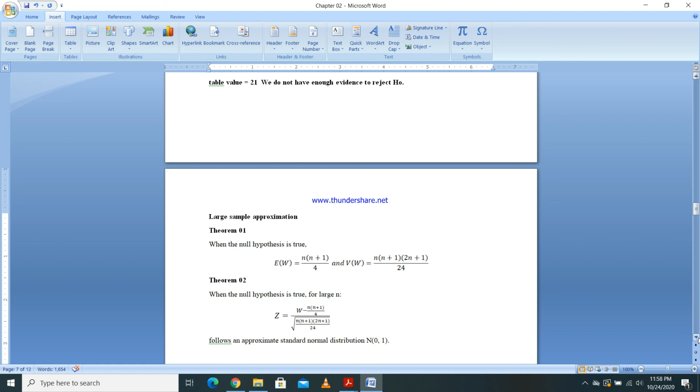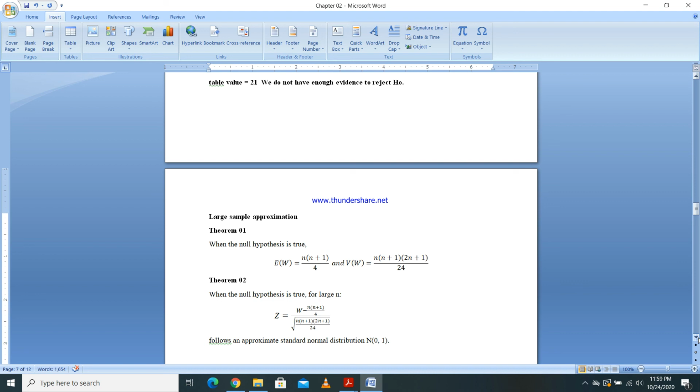The only problem is that you can use this exactly when you have no tied values. But if you have tied values in your distribution, you cannot use this equation directly. You have to do an adjustment for the tied values, right?